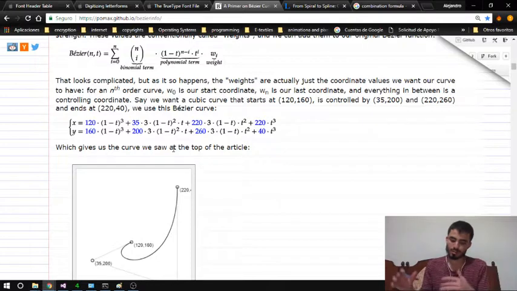So it should be a bezier that connects all those 3 points.